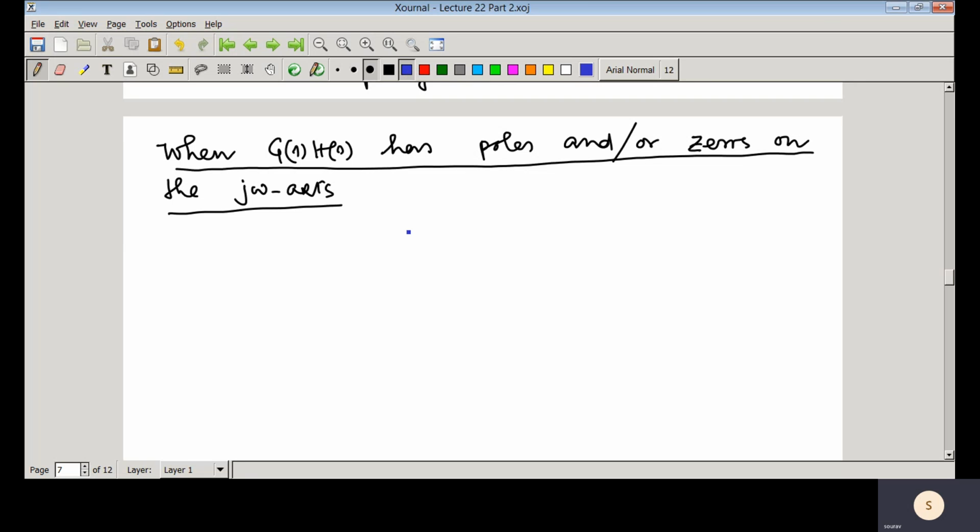So suppose this is the S plane, and here you have the real axis and this is the imaginary axis. Suppose we have one pole at the origin.